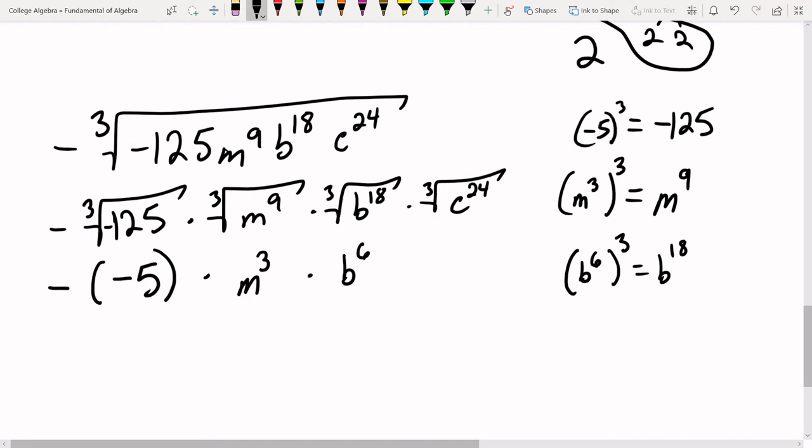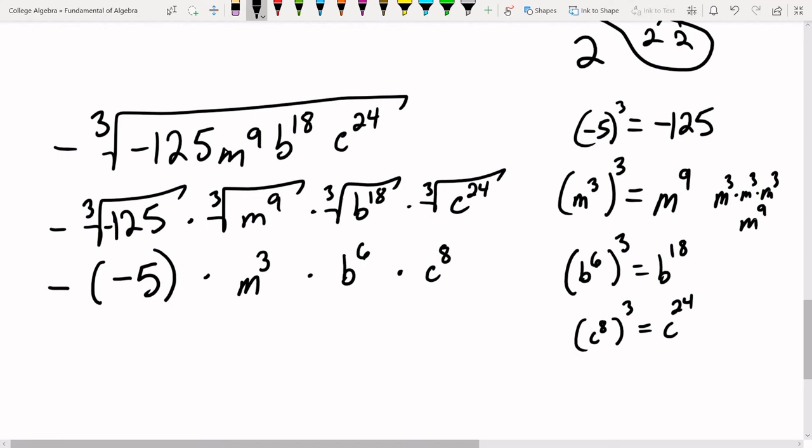And the last one, what cubed equals c to the 24? This is going to be c to the 8th. If you're not convinced, m cubed times m cubed times m cubed. These are all like bases, so we add the exponents, we get m to the 9. That's the same thing as m cubed, cubed.